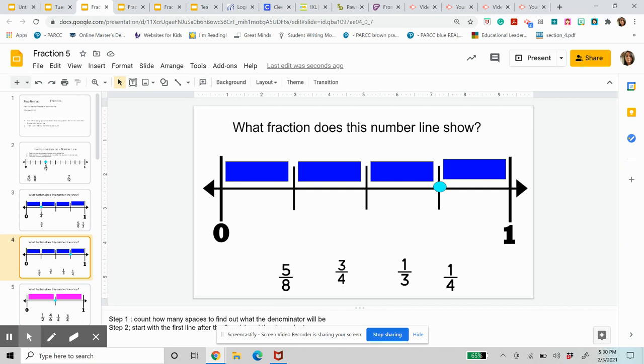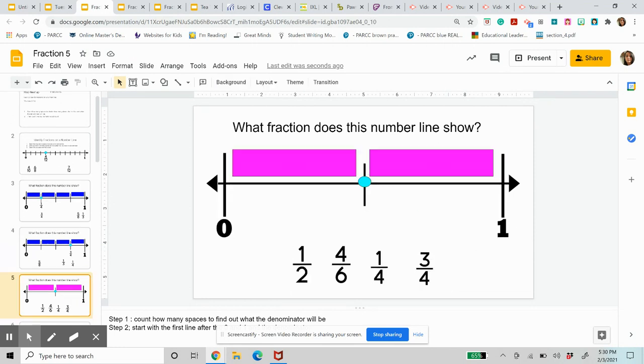Okay, so you're making a decision, and let's see if you came up with the decision I come up with, okay? So I counted my spots, 1, 2, 3, 4, so it's divided into fourths. This would be 1/4, 2/4, 3/4, and then this would be 4/4, the whole, okay?